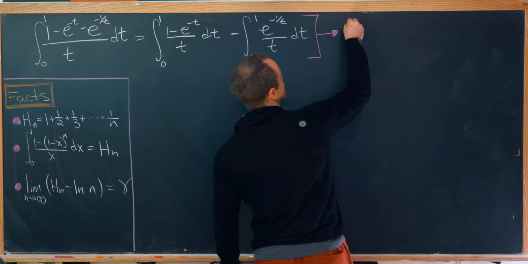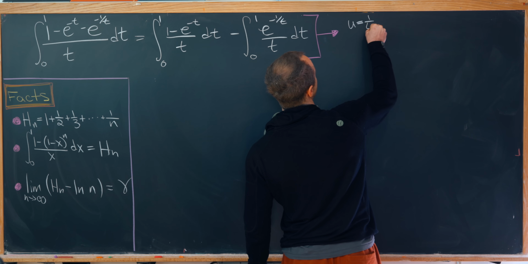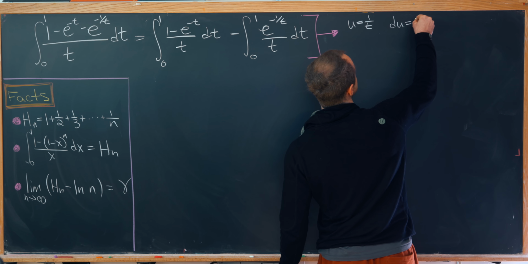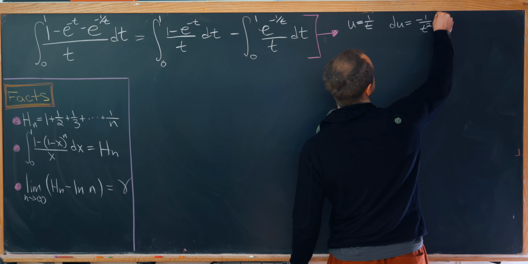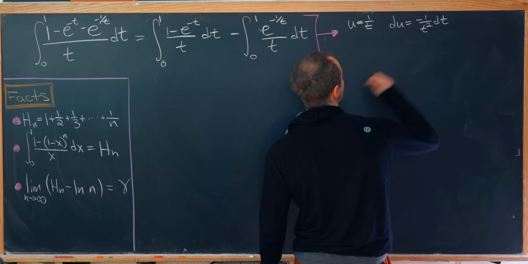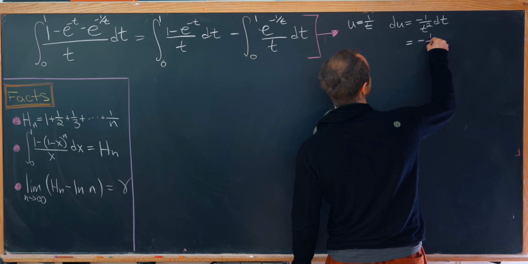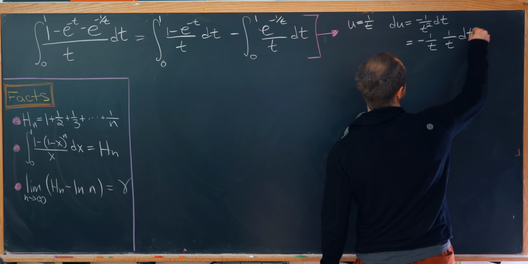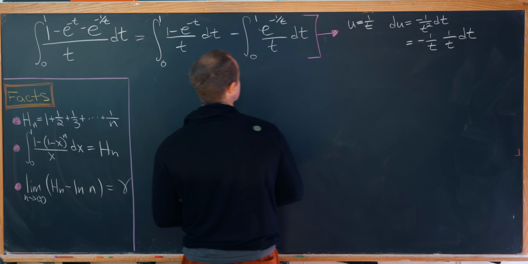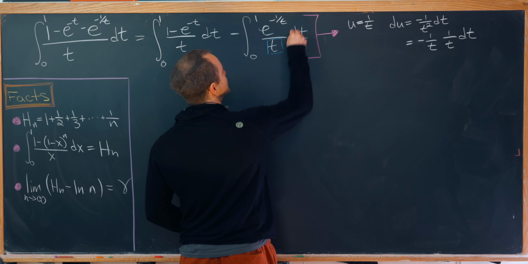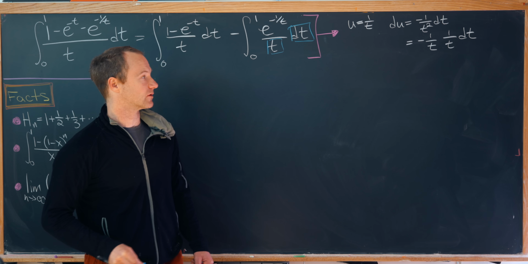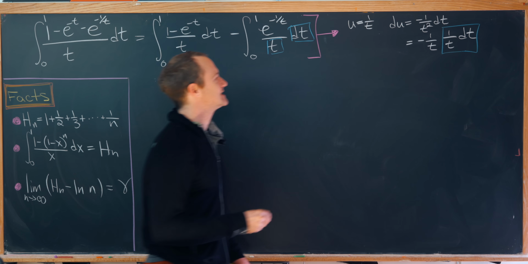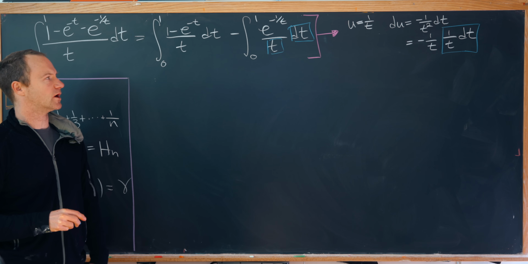And so here I'll take u and set it equal to 1 over t. But let's notice that means that du is equal to minus 1 over t squared dt. But then that'll be equal to minus 1 over t times 1 over t dt. Okay, and I decompose it like that because I've got this dt over t within the integral, so that's this portion right here. So that means I need to take care of this other minus 1 over t.